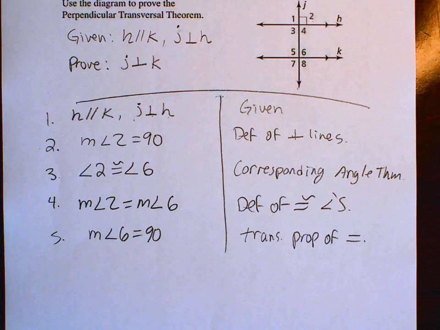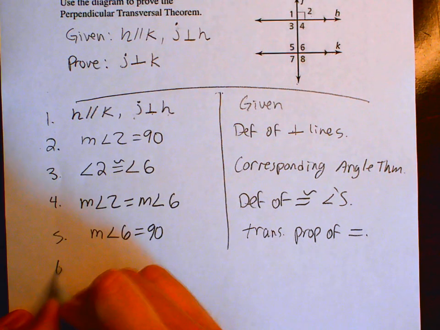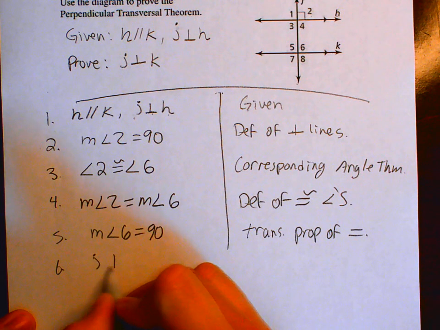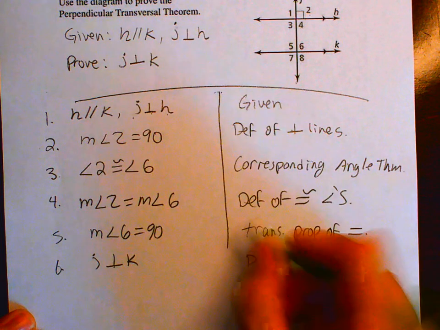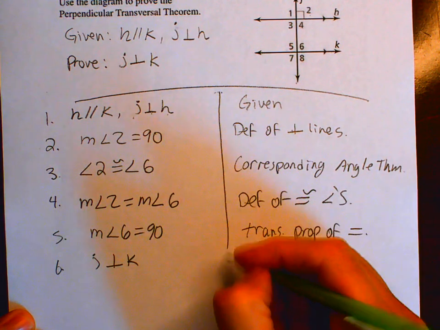And if the measure of angle 6 is 90, that means that it's a right angle. Therefore, by definition, J must be perpendicular to K. Definition of perpendicular lines.